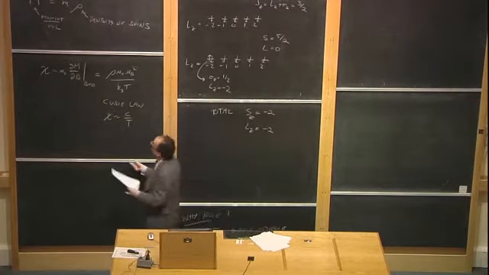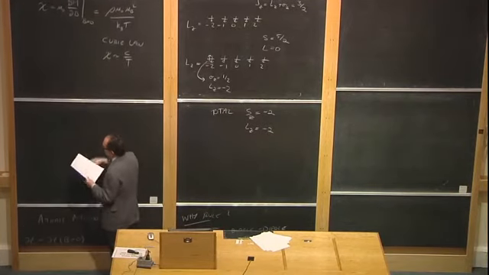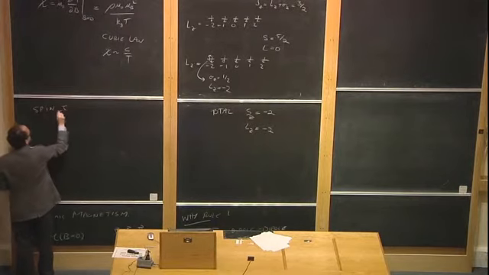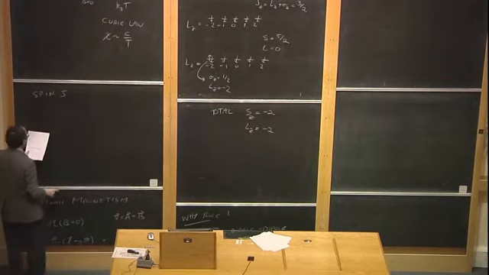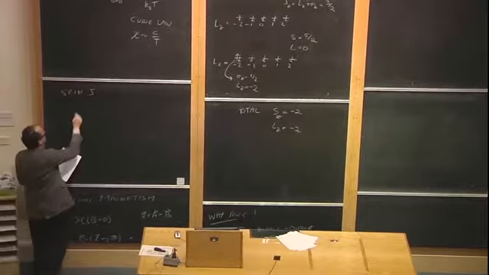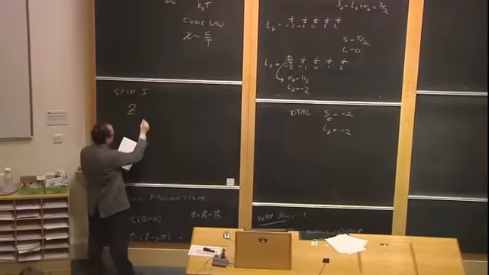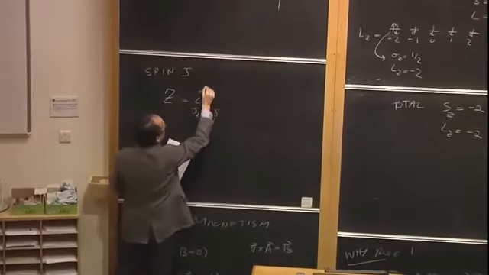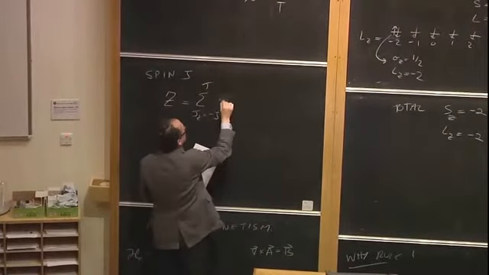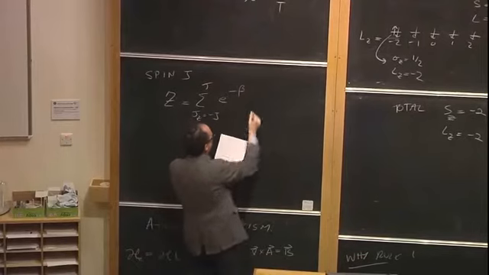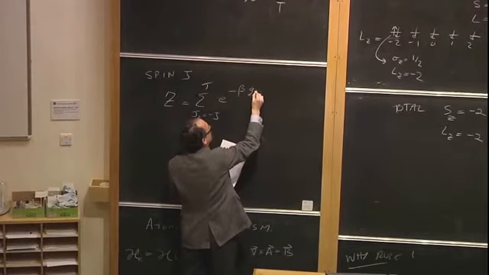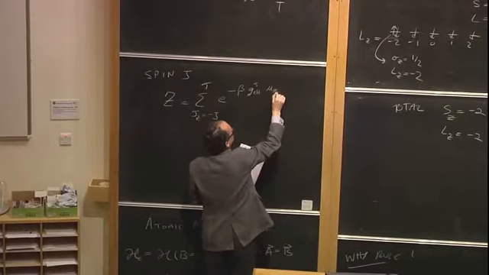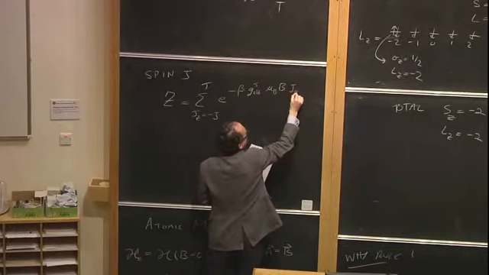Now, more generally than this simple spin 1/2 calculation, for spin j in general, we follow the same story, except we start with a partition function, which is the sum over jz equals minus j to plus j of e to the minus beta times the energy of the spin in state jz, which is g effective for j, then mu_B B jz.